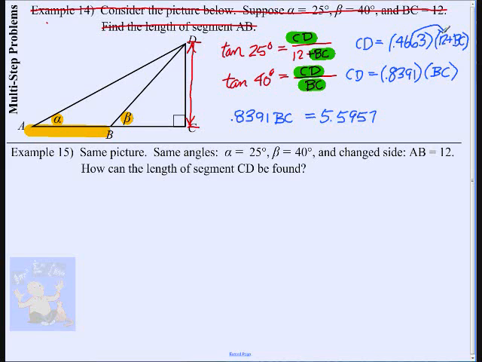I just distributed that. I did the multiplication. Plus 0.4663 BC. Now remember, I'm solving for BC here.